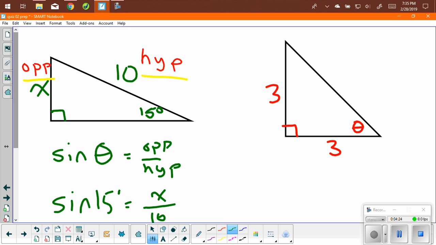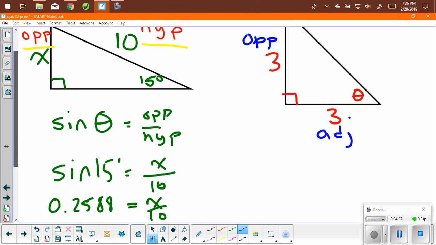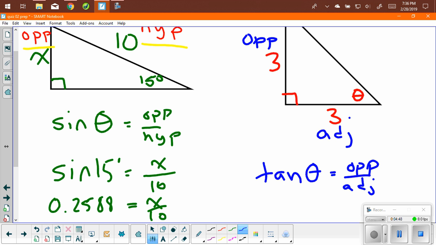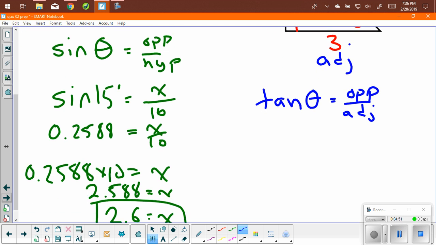For the second triangle, I'm looking for an angle, but we'll do the same thing. I have the side across from the angle, that's opposite, and I have the side beside it. That's not the hypotenuse, so that's the adjacent side. I want to find the angle, so which ratio involves opposite and adjacent? That is tan. So tan of an angle is opposite over adjacent. I plug in what I know: tan of an angle is 3 over 3.